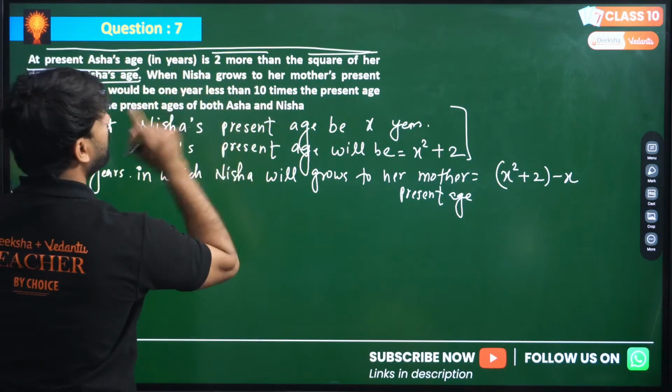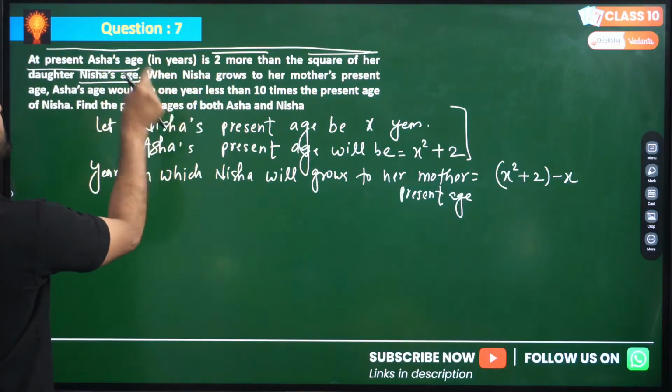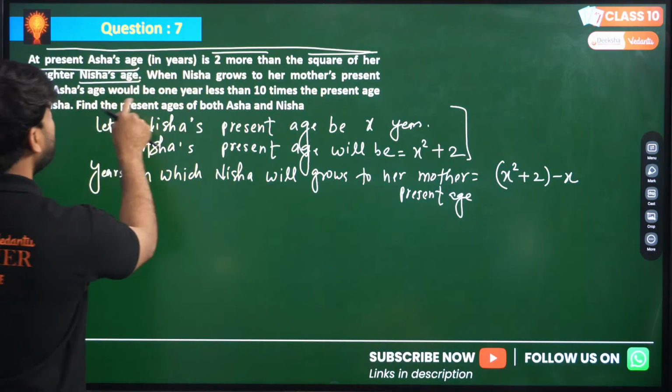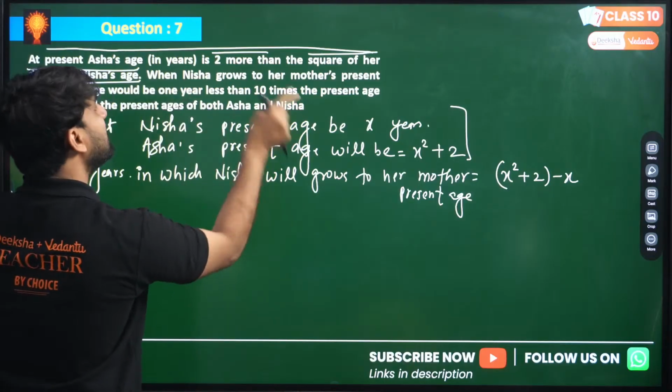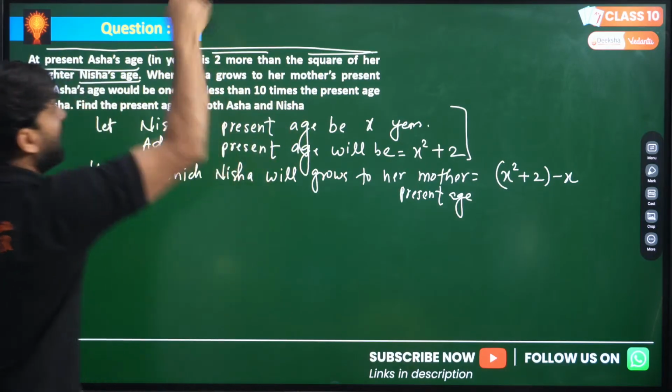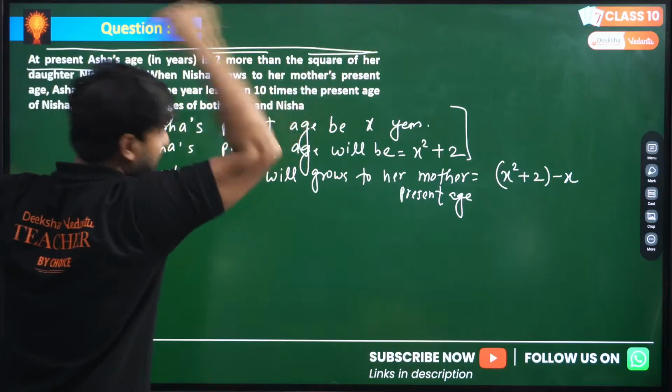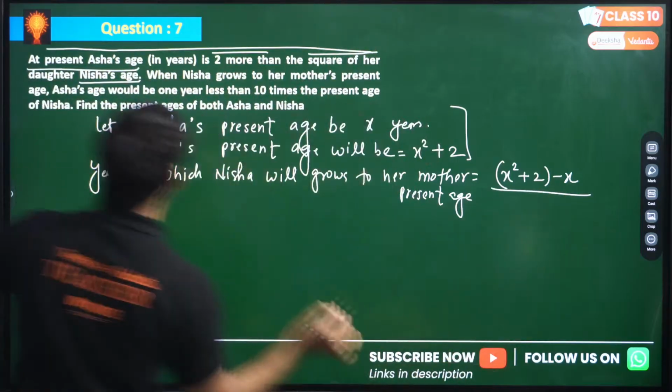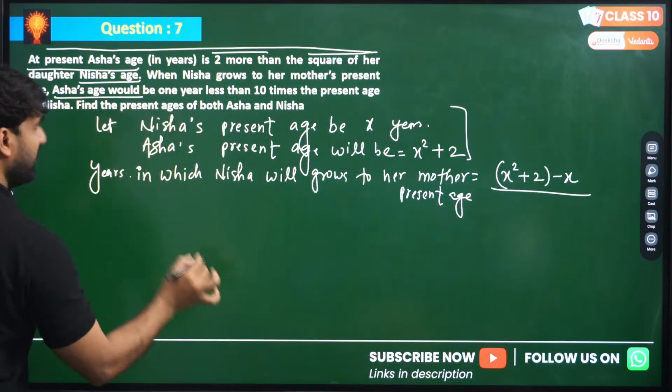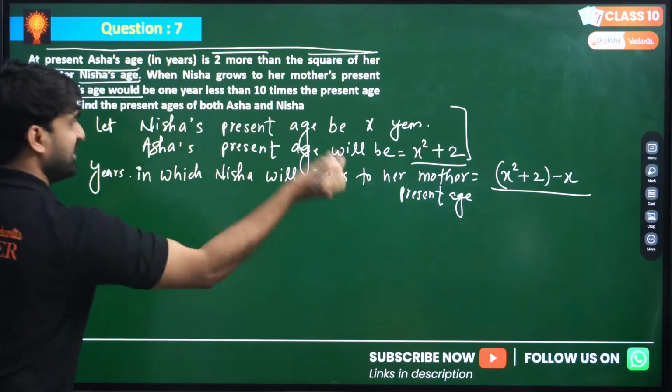When Nisha grows to her mother's present age, Asha's age would be 1 year less than 10 times the present age of Nisha. So when Nisha grows to her mother's age, after this many years, Asha's age would be, what is Asha's present age? x square plus 2.